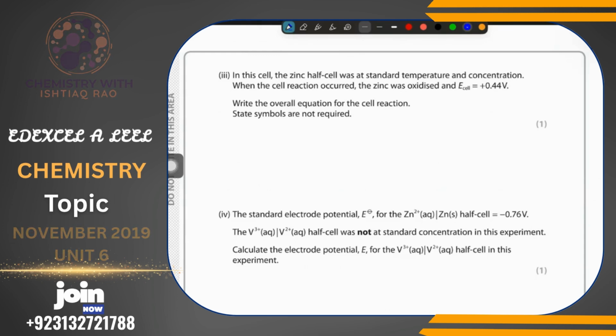So Zn is going to convert into Zn2 plus after losing two electrons. And then I have V3 plus. Cancel.